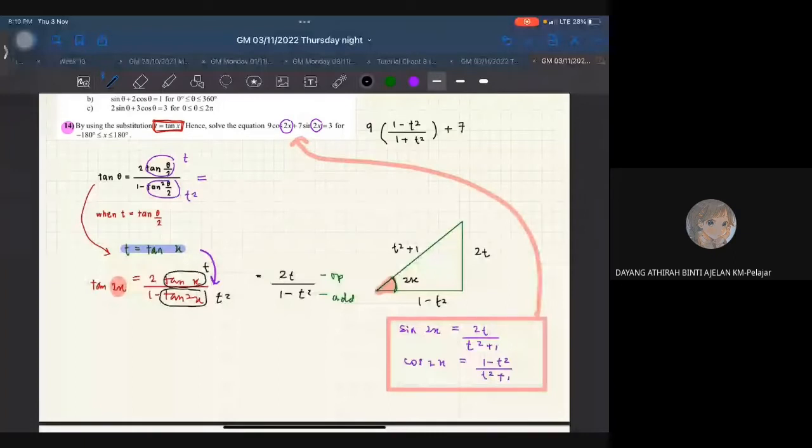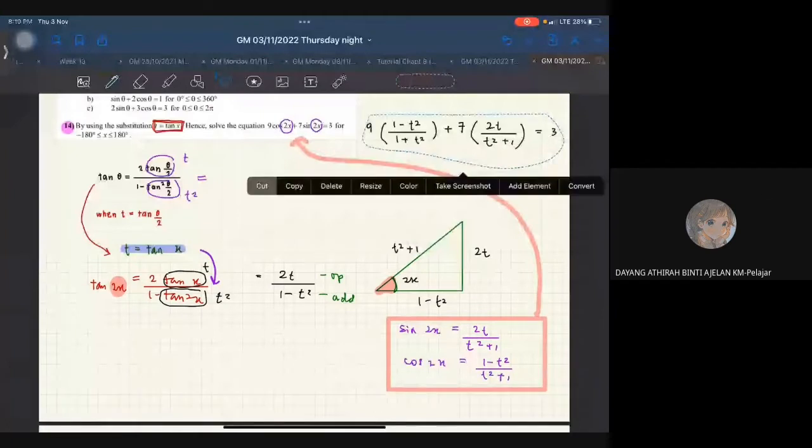So, sin saya dah ada. Bracket 2t over t square plus 1. So, tak kisahlah awak nak buat t square plus 1 ke 1 plus t square ke, dia benda yang sama je. Okay, and then equals to 3. So, let me cut this one. And letak dia dekat sebelah.